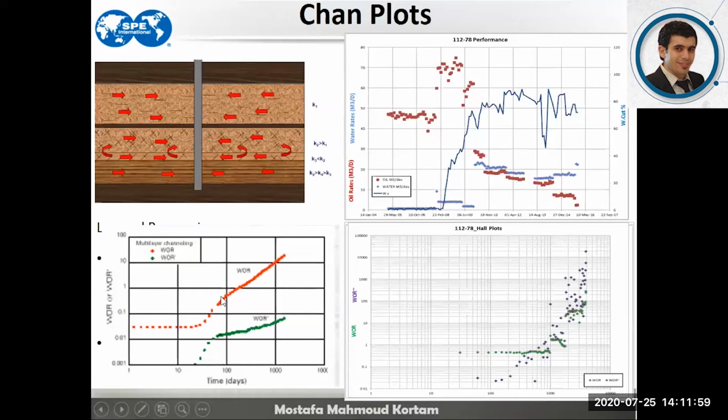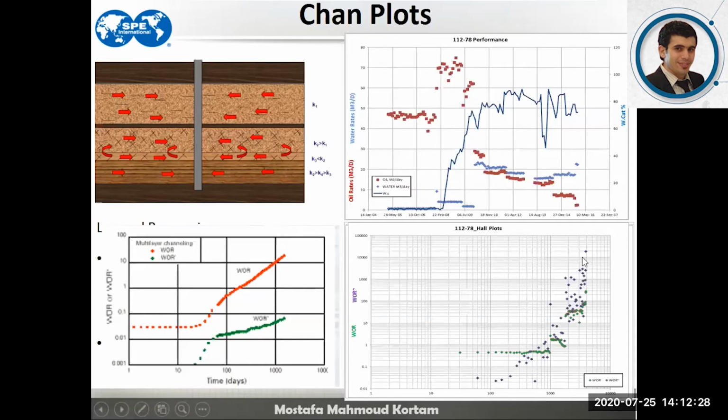This signature of the water oil ratio and its derivative would tell us that there is some possibility of channeling and a multi-layering system, and that the advance of the water and the flood front is propagating in a layered way.